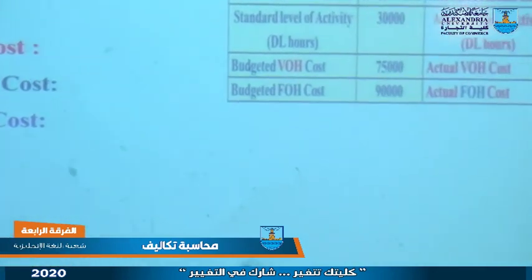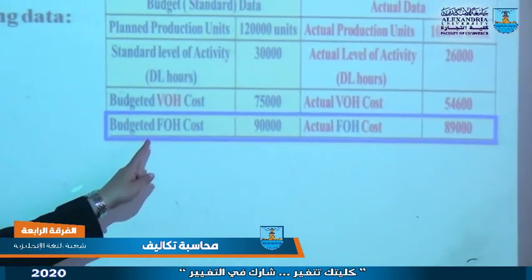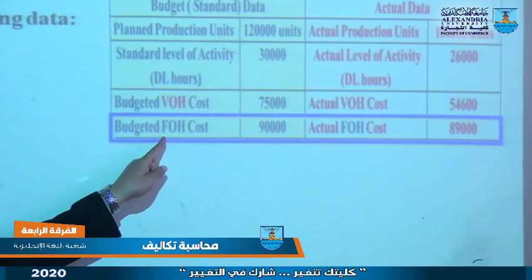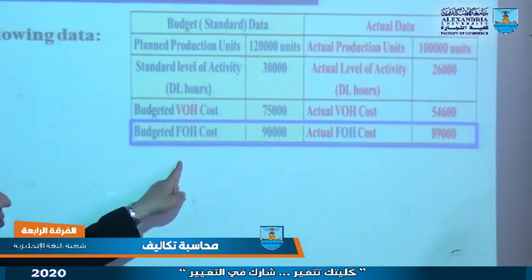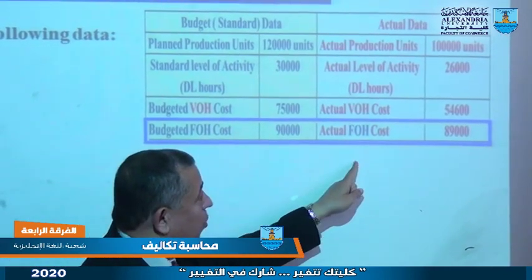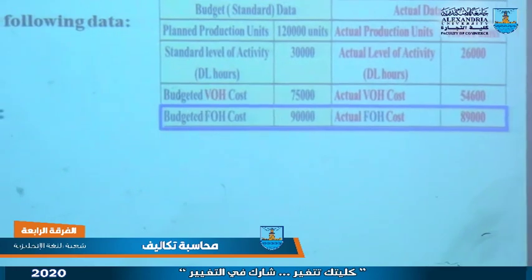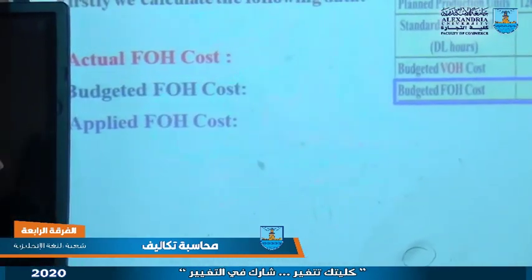Firstly, again, this is my information about fixed. Okay, fixed overhead according to budget here, and fixed overhead according to actual. What is the first amount needed to calculate the variances? Yes, actual. What is actual?